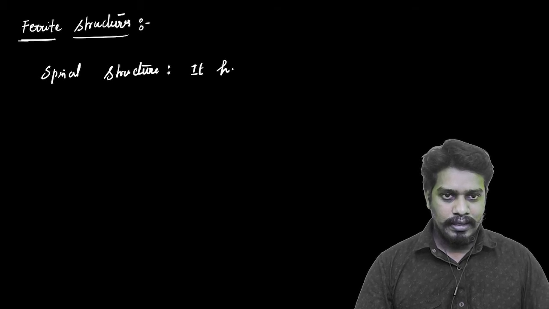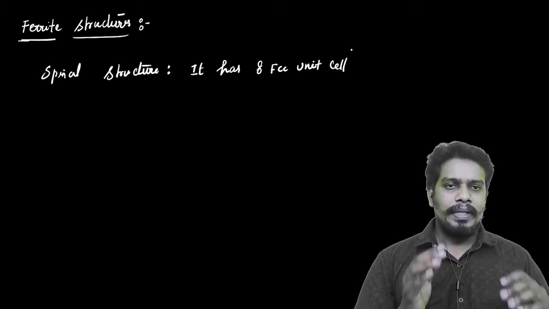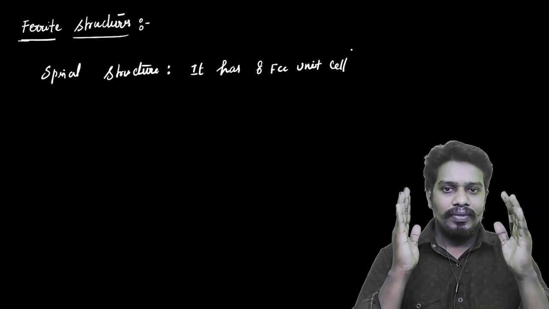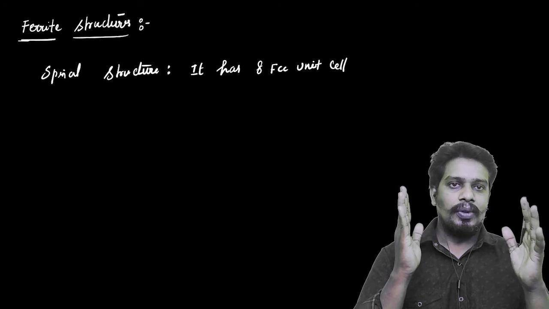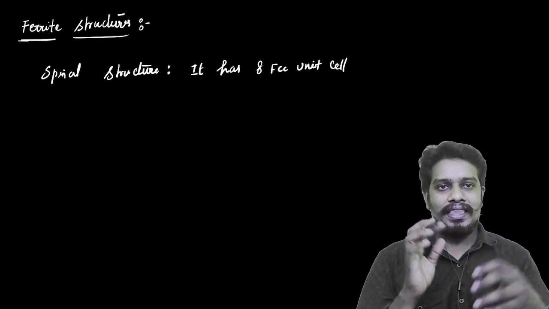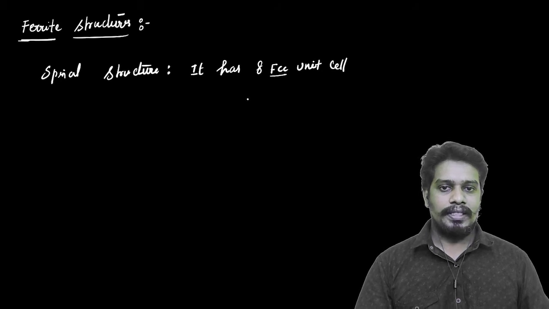It has 8 FCC unit cells. That means a single ferrite cubical unit cell has 8 face-centered cubic crystals inside it.